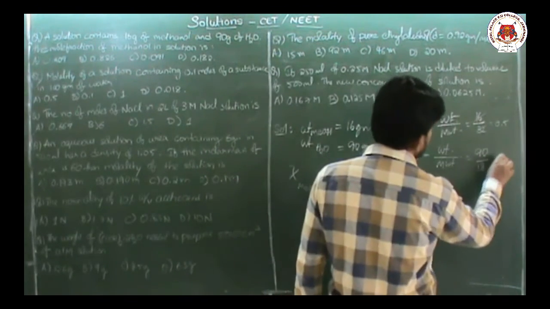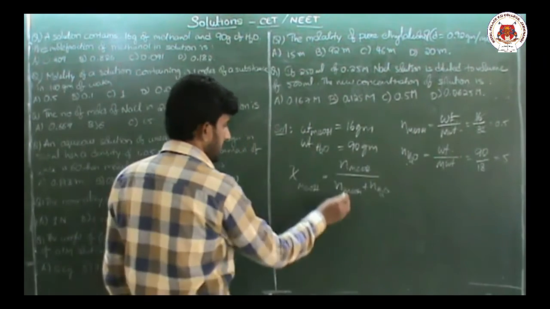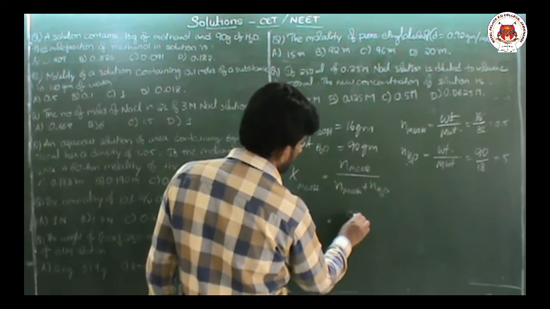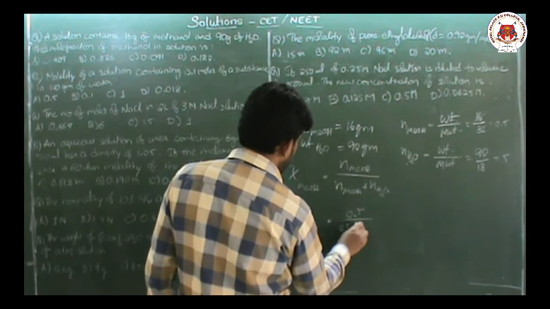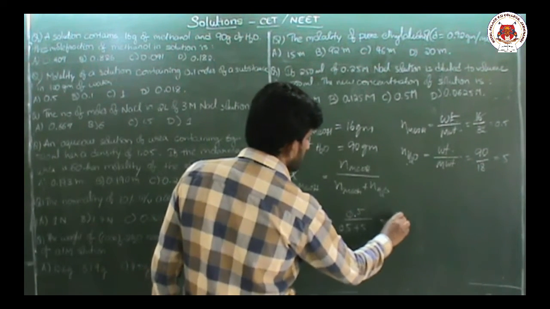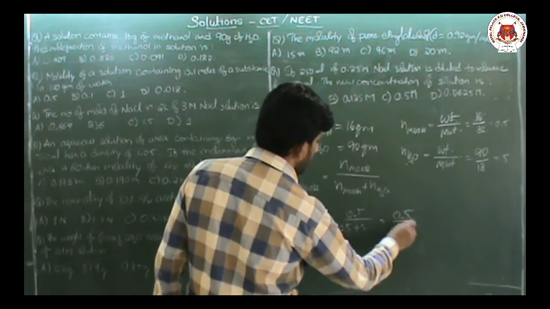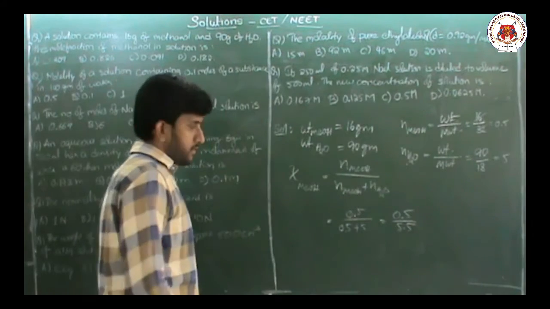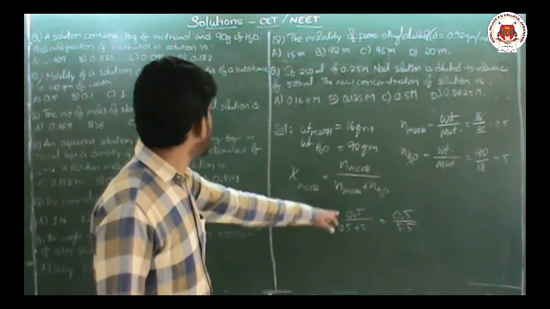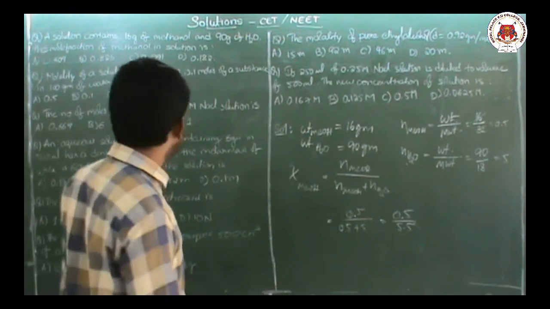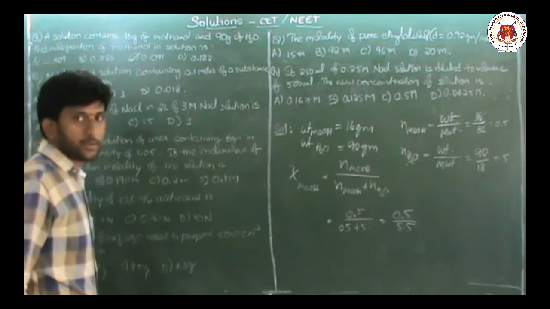So here it is 0.5 divided by 0.5 plus 5, that means 0.5 divided by 5.5, which is 5 by 55. It comes around 0.09. So the answer is C, 0.091.